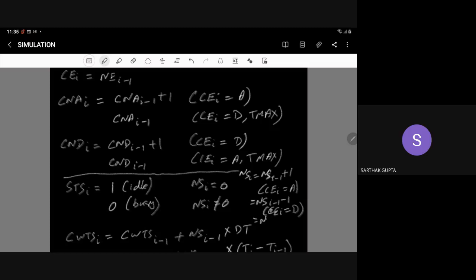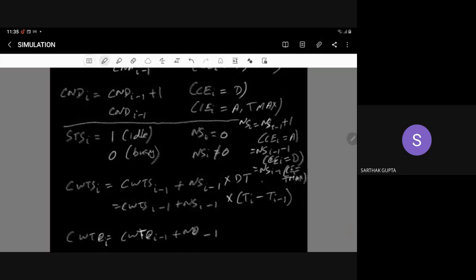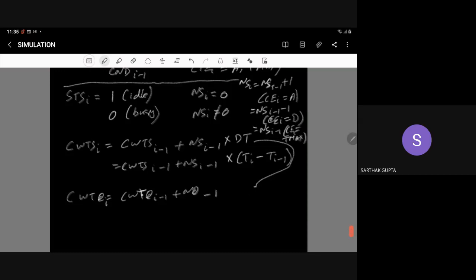It remains as it is when the current event is T max. And what is the NQ?